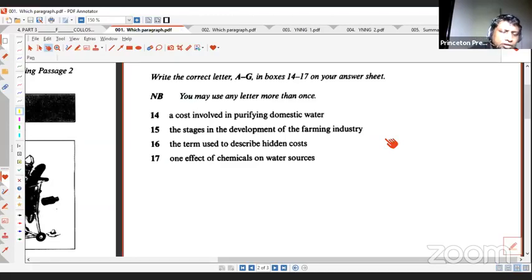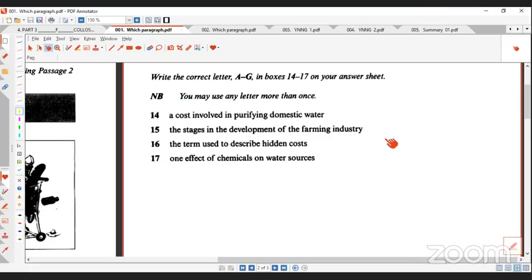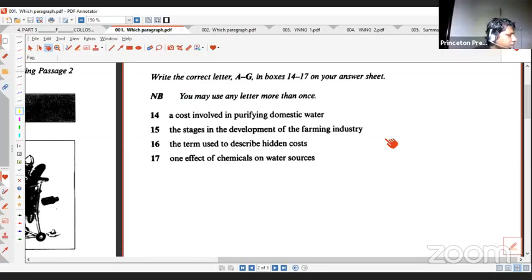Can we find that information here? The term used to describe hidden cost, question 16. So we are looking for it in paragraph A. One effect of chemicals on the water source?